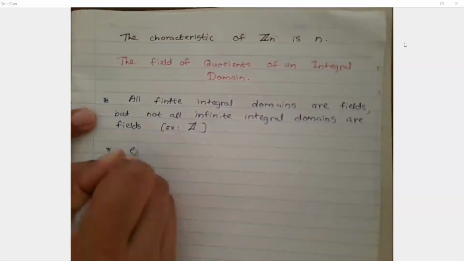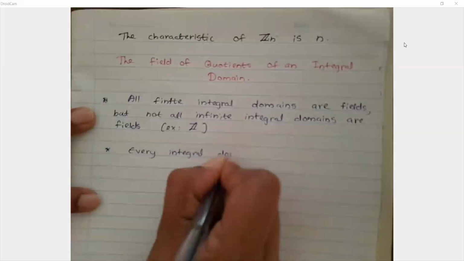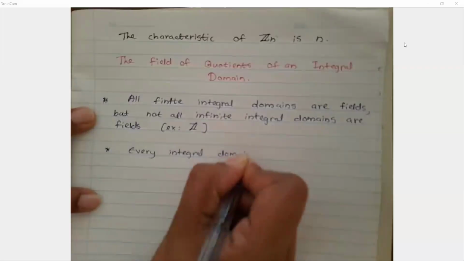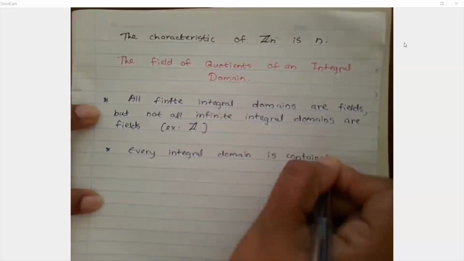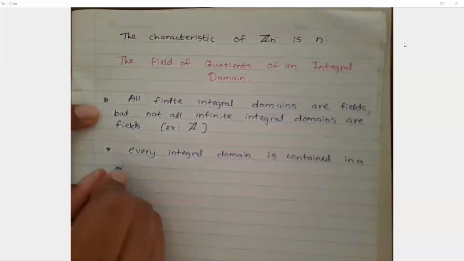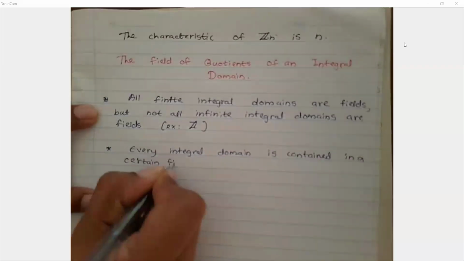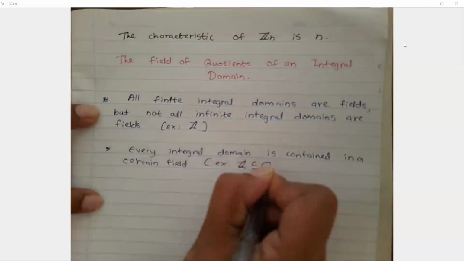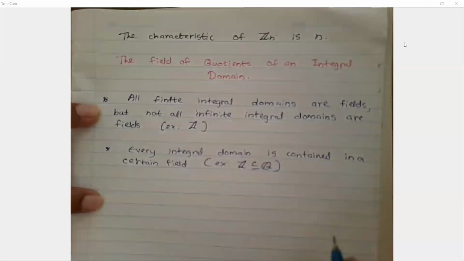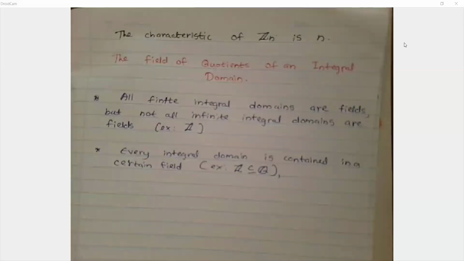Every integral domain, however, is contained in a certain field, right? For example, Z is contained in Q. And we call this field containing the integral domain a field of quotients of that particular integral domain.